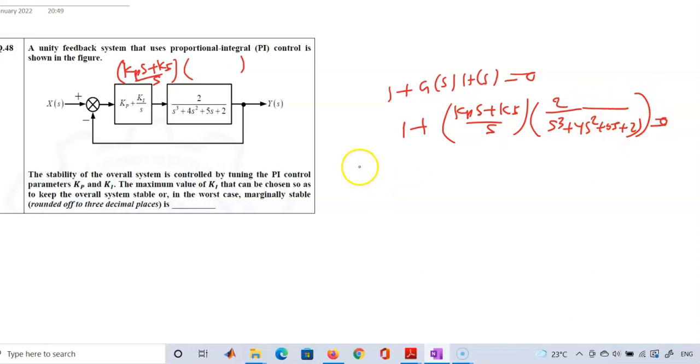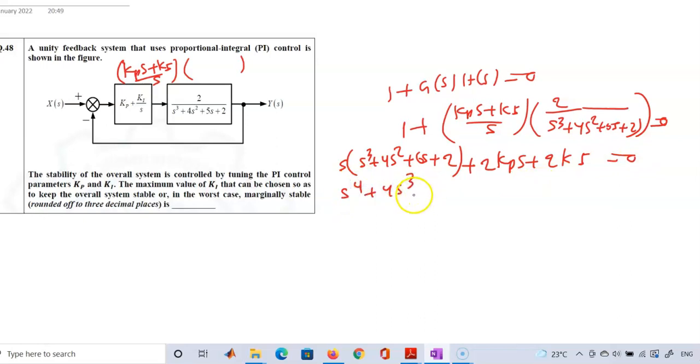So the characteristic equation will simply be s into (s cube plus 4s square plus 5s plus 2) plus 2 Kp s plus 2 Ki equal to 0. So s4 plus 4s cube plus 5s square plus 2s plus 2 Kp s plus 2 Ki equal to 0.